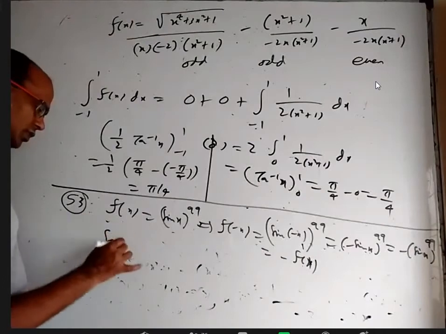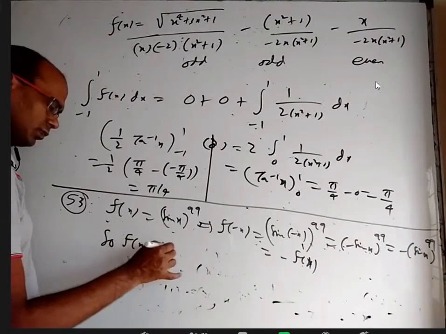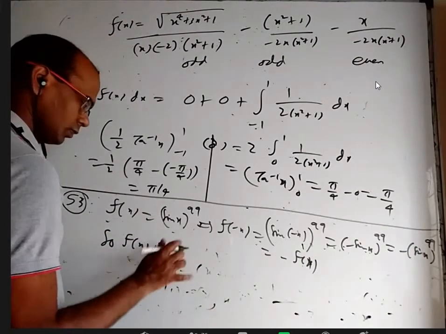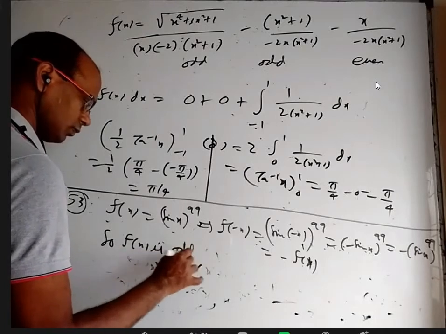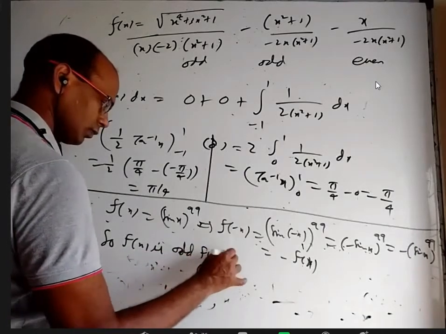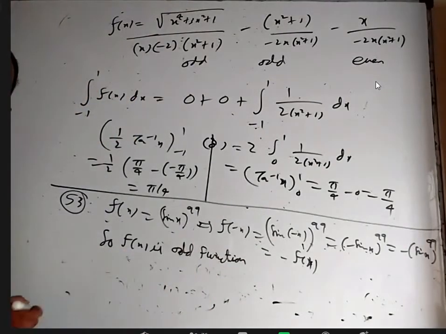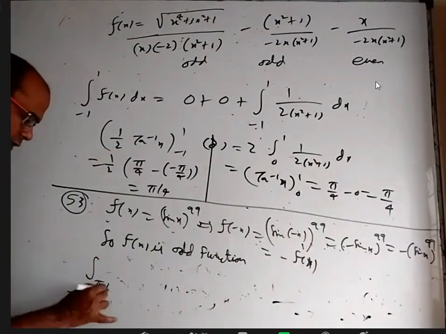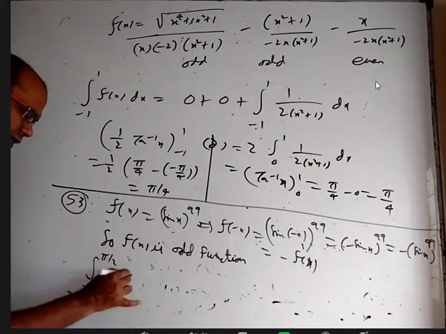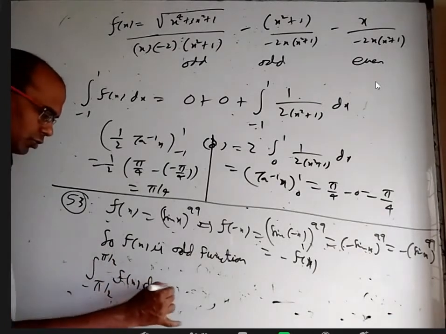So f of x is odd. So whatever limits doesn't matter. Integral minus pi by 2 to pi by 2 f of x dx is equal to 0.